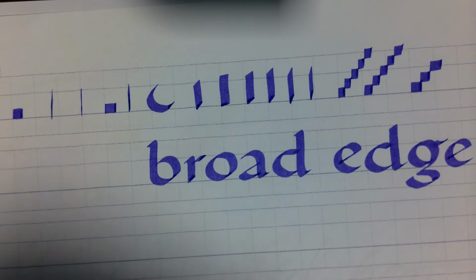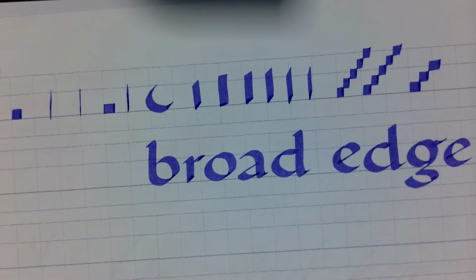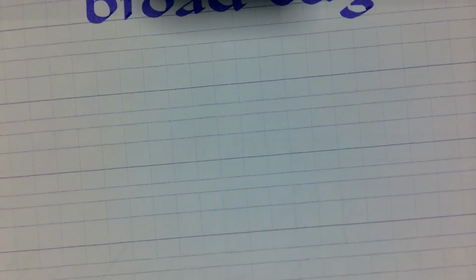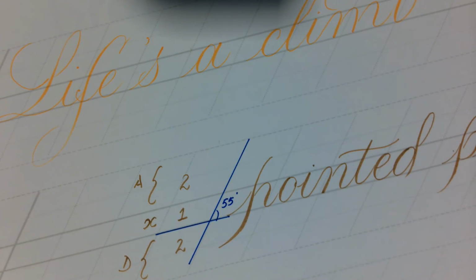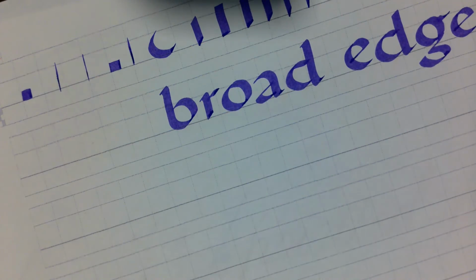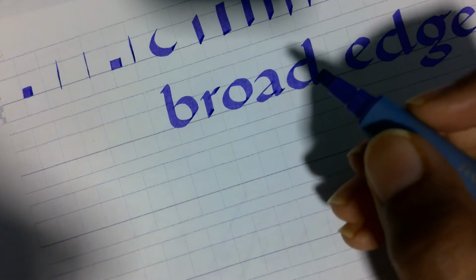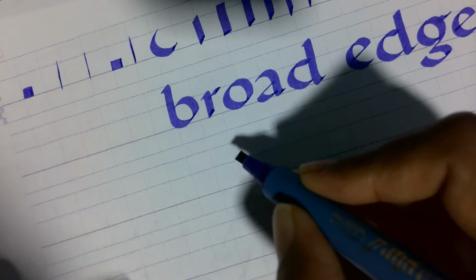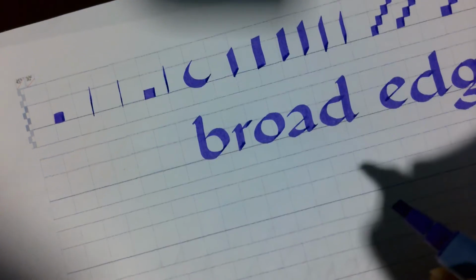Next comes the angle of writing in broad edge in comparison to pointed pen calligraphy. In pointed pen calligraphy, we saw that we create the slant lines along with the guideline, so you can align the pen along that angle. However, in a broad edge calligraphy style, you hold the nib at the specified angle and then follow through with the script.